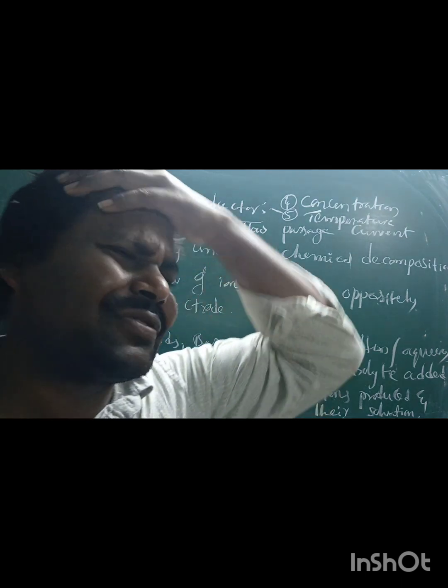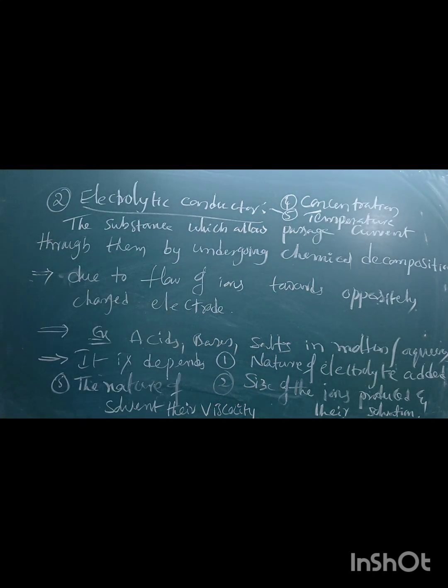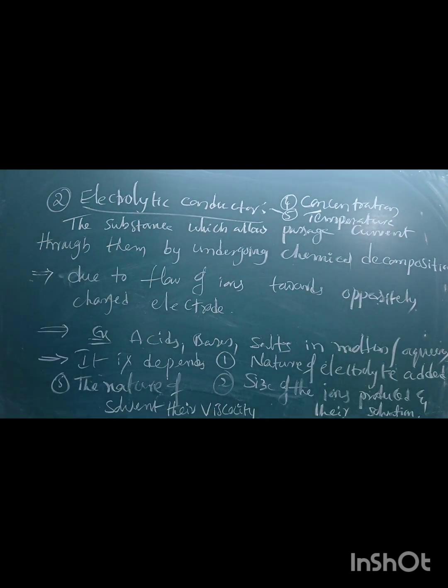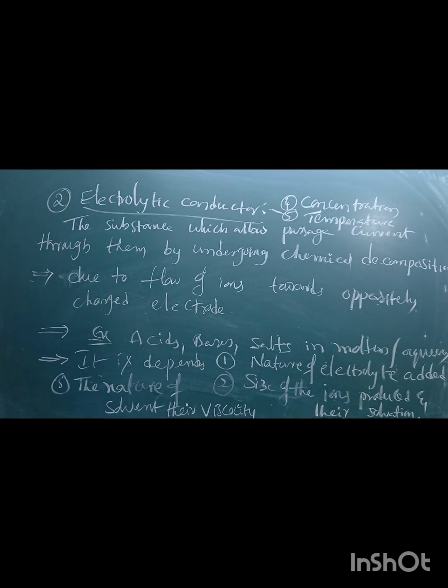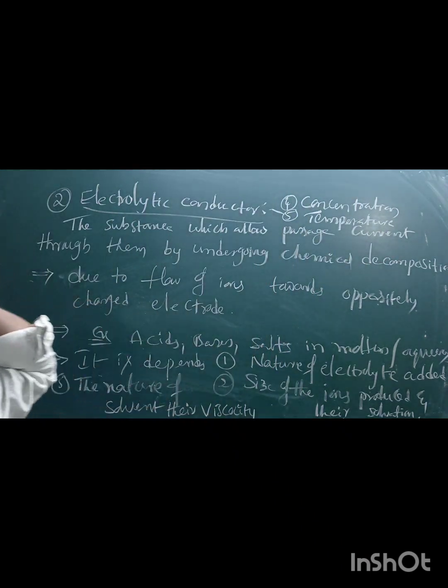Simply, what are the differences between a metallic conductor and an ionic conductor? In electronic conductors, electric current flows by movement of electrons only. In electrolytic conductors, electric current flows by movement of ions only.